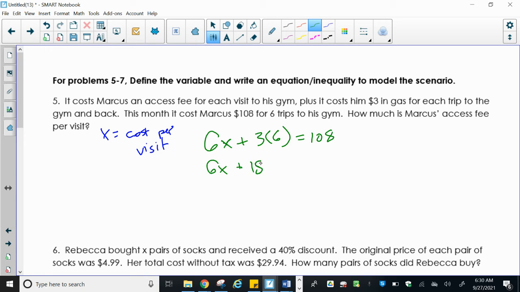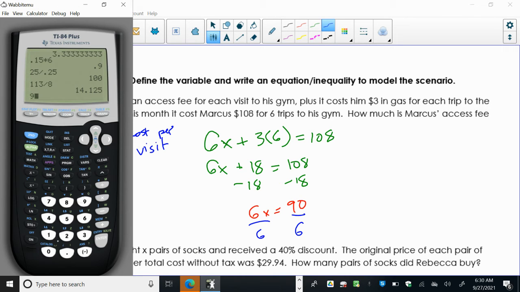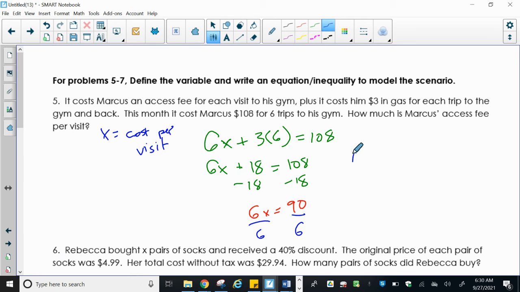So that's 6x plus 18 equals 108. Minus 18 on both sides: 6x equals 90. Divided by 6, so we do 90 divided by 6. We get 15. So $15 per visit.